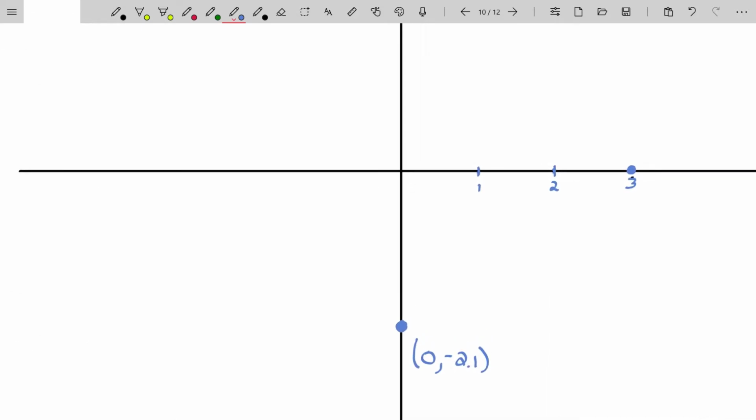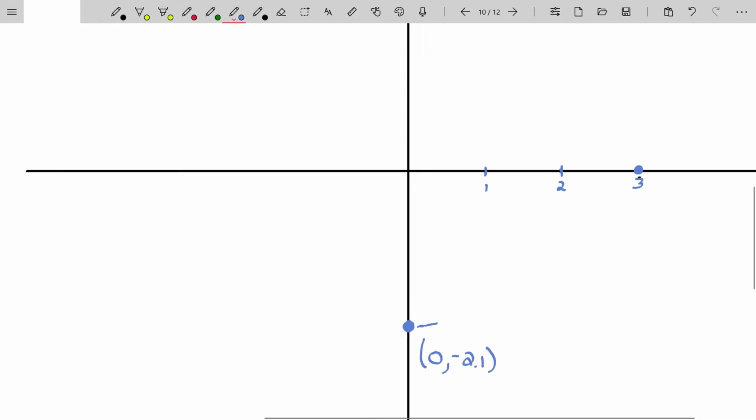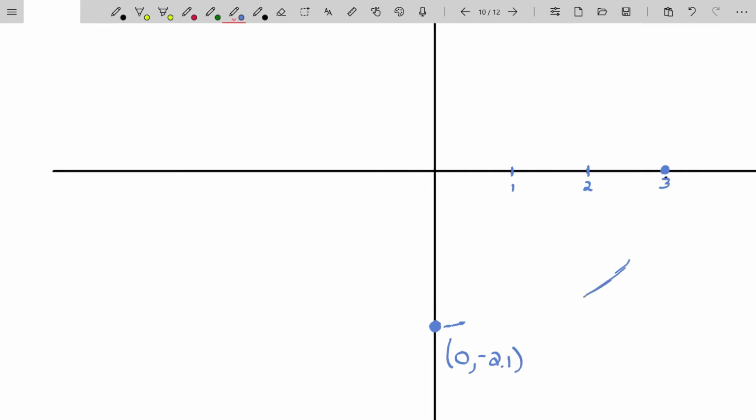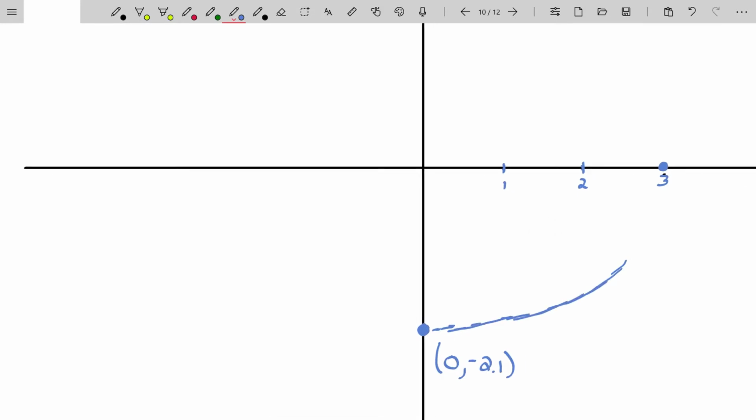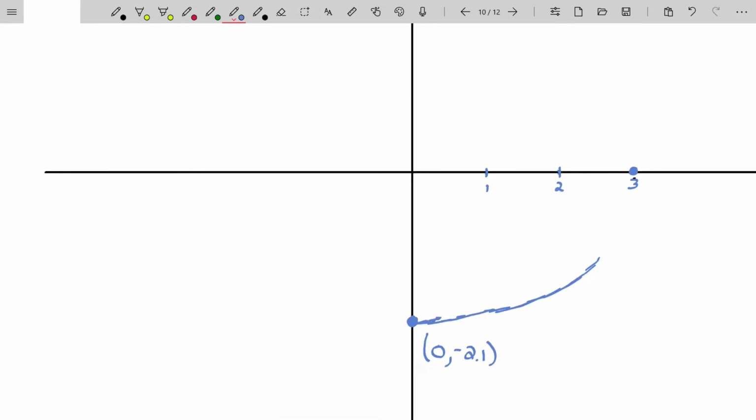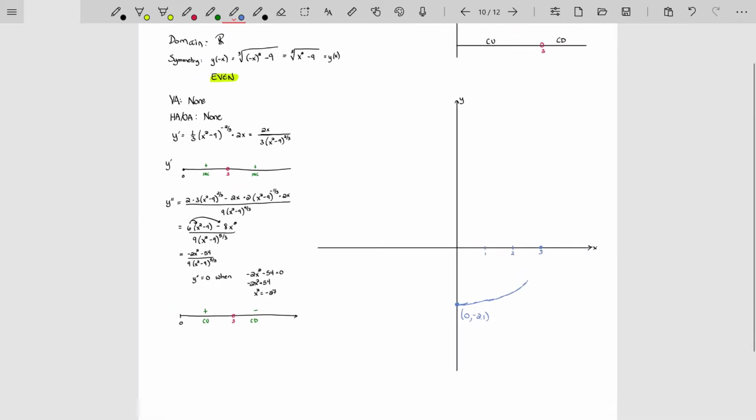So it's going to look like this, increasing and concave up. Let me do this, left-handedness attacks again. By the way, 0 is going to be a local min. Even though we did not say that we had a local minimum, it was because we just didn't have a local minimum at any x value other than 0. You would not see using symmetry that you have a local minimum at 0.